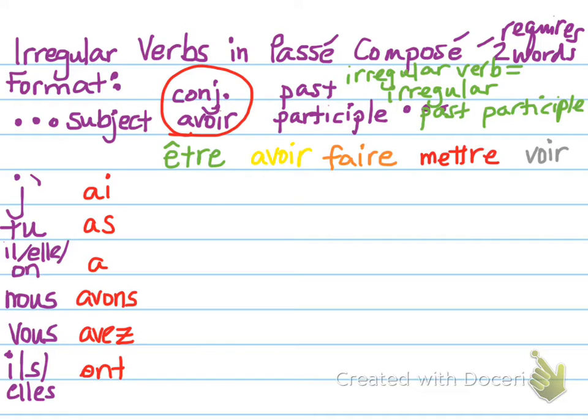So, going over these and reminding you what they mean. Être means to be.